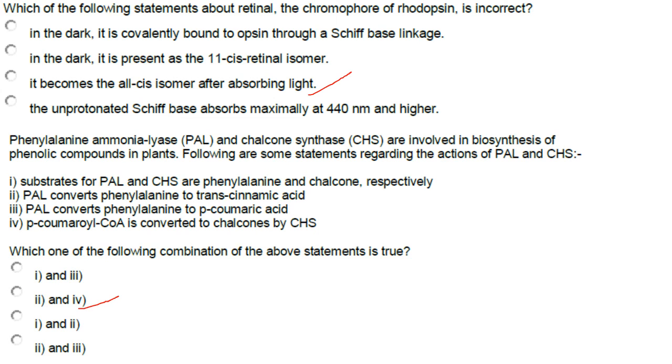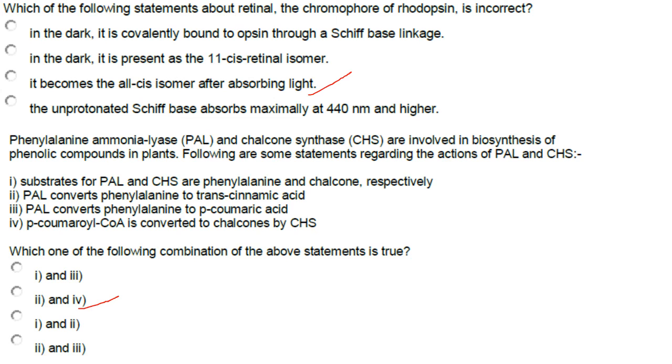Which of the following statements about retinal, the chromophore of rhodopsin, is incorrect? Now it becomes the all-cis isomer after absorbing light. So that is the incorrect statement. Correct answer is it becomes all trans retinal, not cis. So answer is option C.